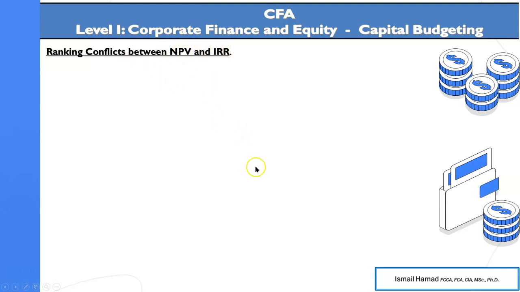The conflict always arises if we have unconventional cash flows. But if there are conventional cash flows, there will not be any conflict between the two. What we mean by conventional and unconventional is that conventional cash flows always have negative figures in the early years, year 1 or 0, and then subsequently we always get positive net cash inflow from the project.